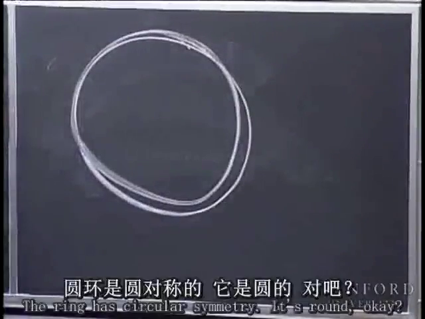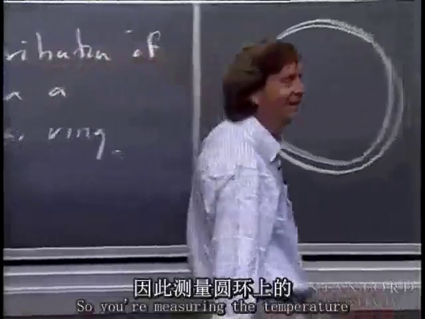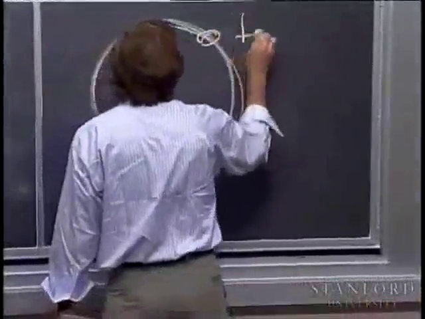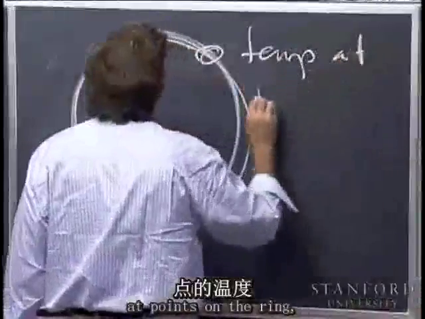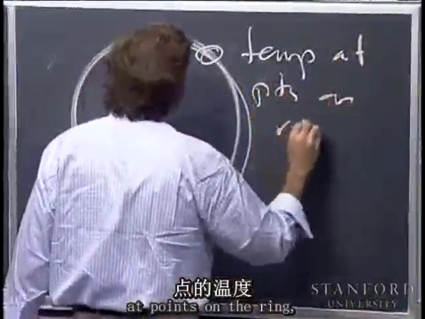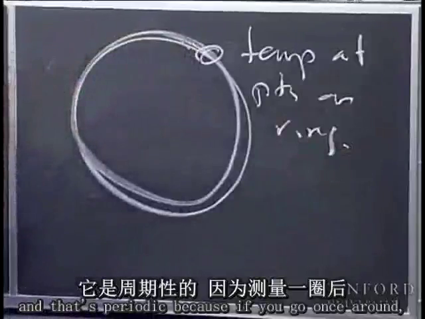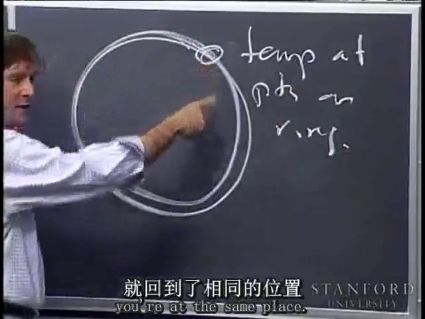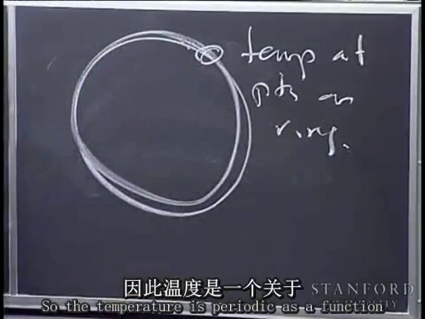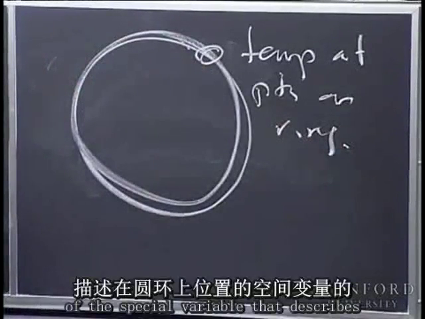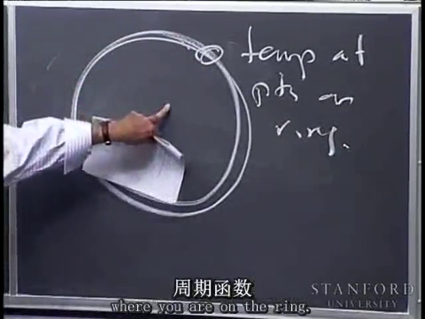All right, the ring has circular symmetry. It's round. Okay, so you're measuring the temperature at points on the ring. And that's periodic, because if you go once around, you're at the same place, so the temperature is periodic as a function of the spatial variable that describes where you are on the ring.